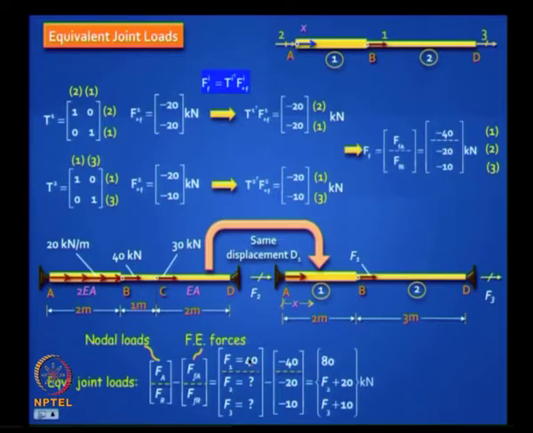In the original load there was a 40 kilonewton, remember at B in the original problem there was a 40, that is this 40. Okay, but you have some reactions here due to that 40 that we do not know, and then from this you have 40 here, so you put that 40 there with a minus sign, and you also have some reactions, minus 20, minus 10, you put that there and you will get this as your final answer.